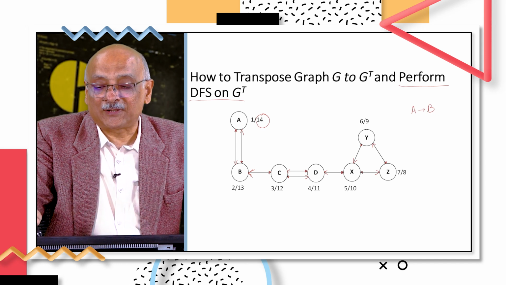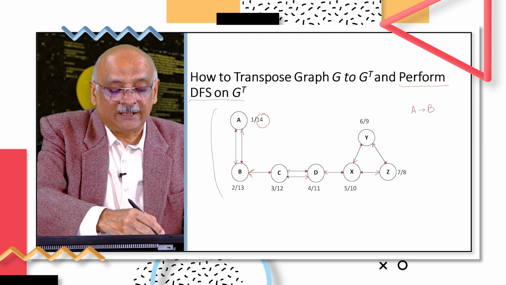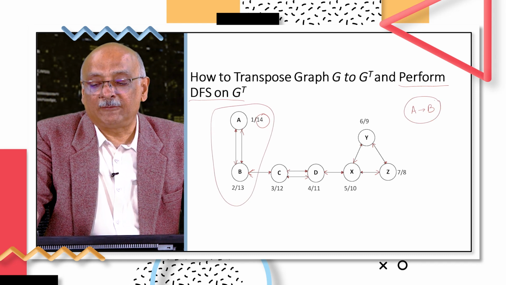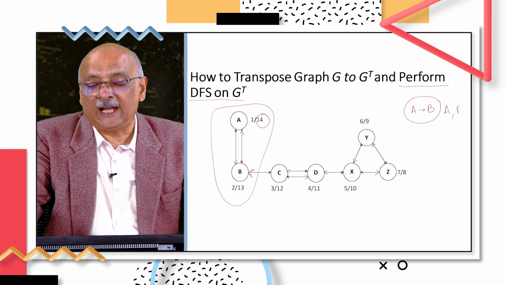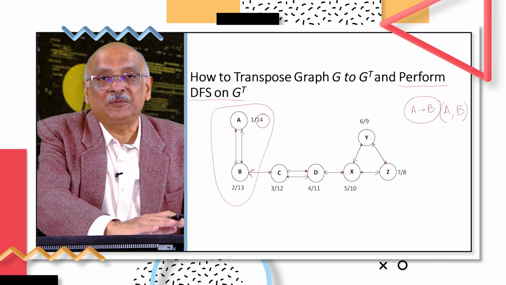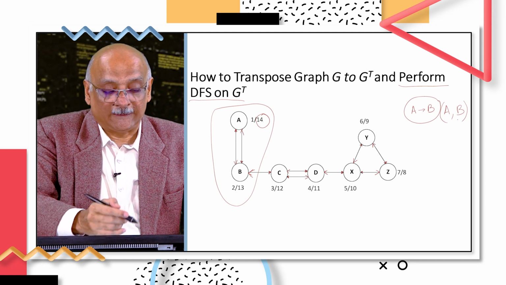So my depth first search has now given me two components, A and B, which form one of the strongly connected components.